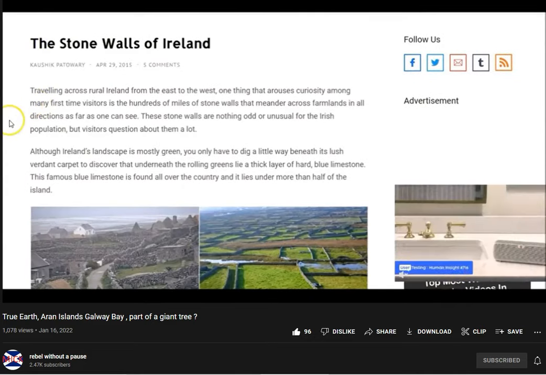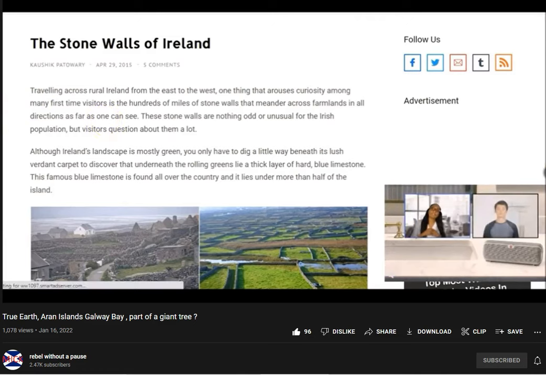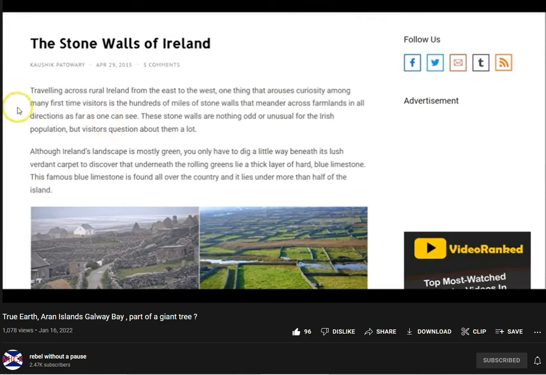So, this again tells you: travelling across rural Ireland from east to west, one thing that arouses curiosity among many first-time visitors is the hundreds of miles of stone walls that meander across farmlands in all directions as far as one can see. These stone walls are nothing odd or unusual for the Irish population, but visitors question them a lot.